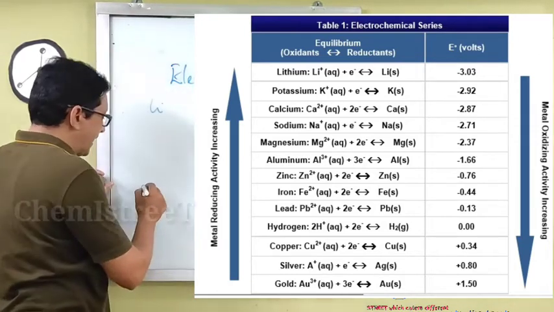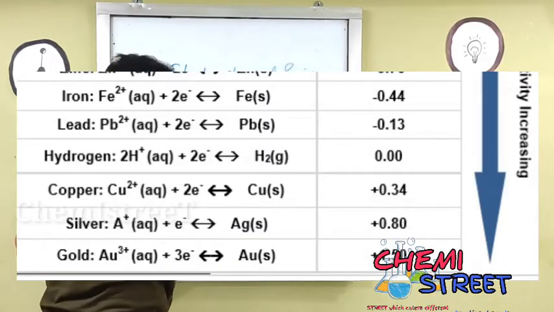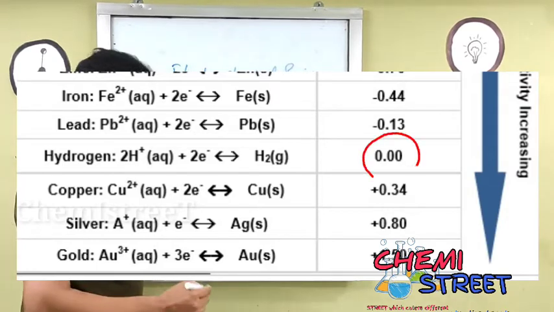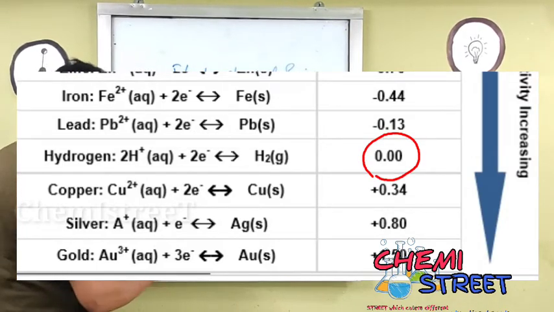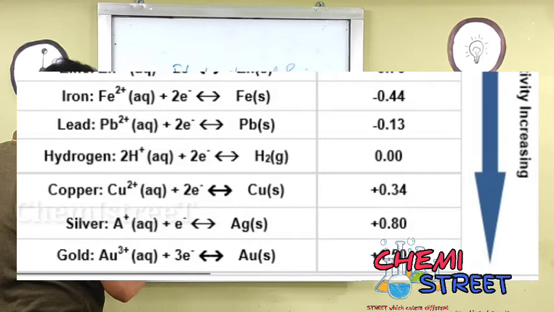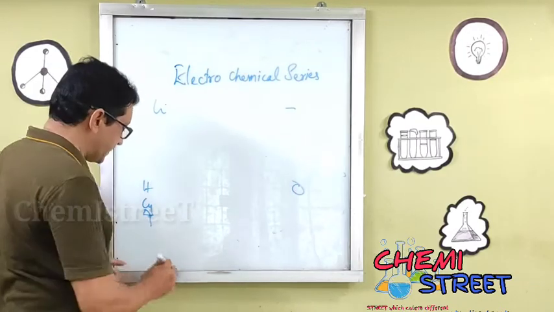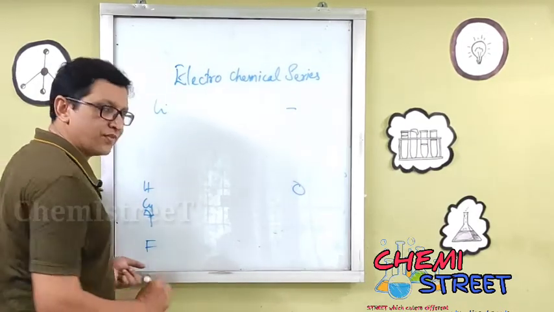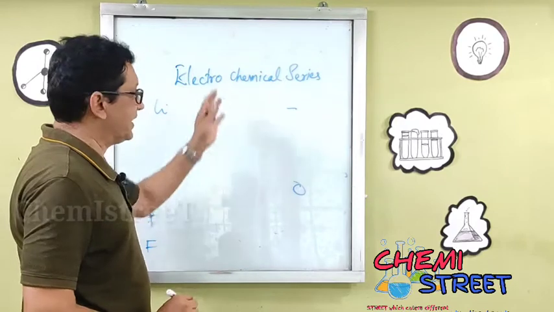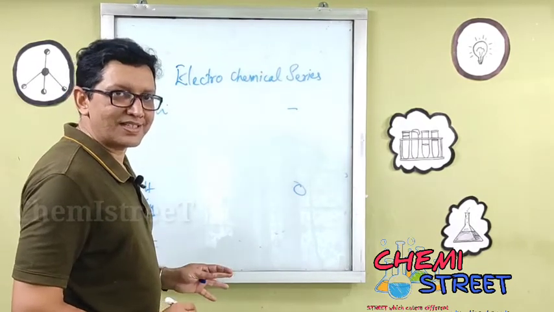In the center you will have hydrogen, which is arbitrarily fixed as 0, and below that you will have silver, copper, like this way. And who will be the last member in the table? The element fluorine will be the last member in that particular series.